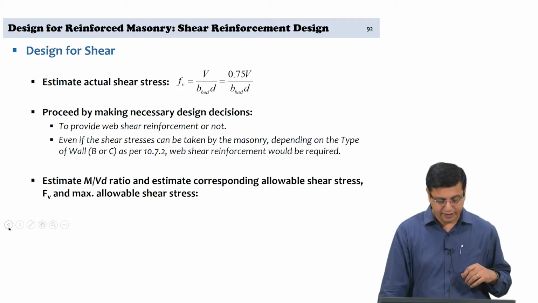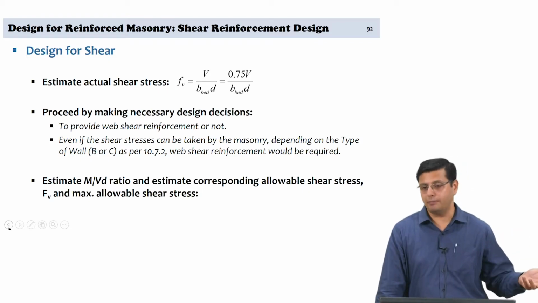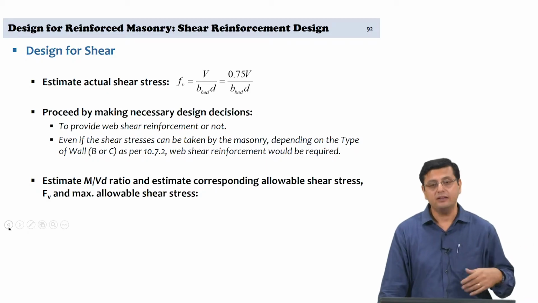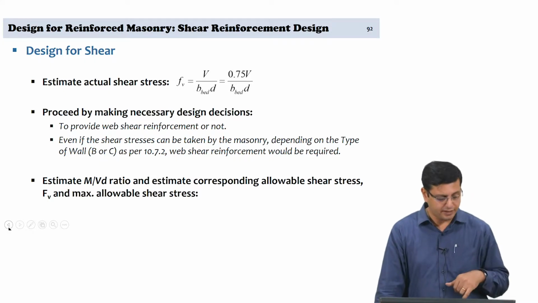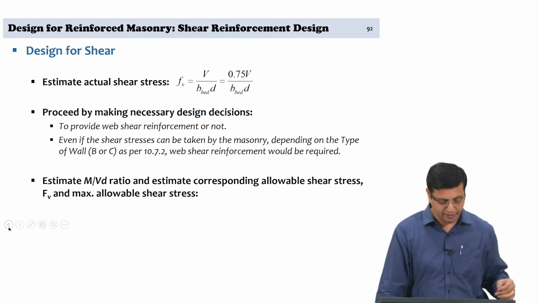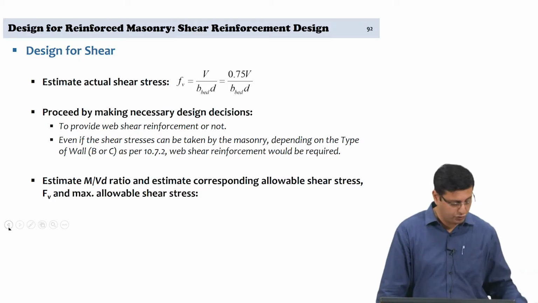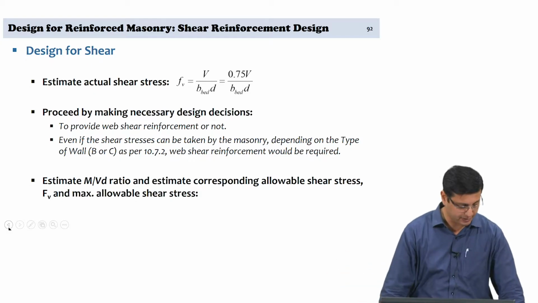So, the M by Vd ratio has to be estimated. So, you are looking at the bending moment demand on the wall, the in plane bending moment demand on the wall, M divided by the shear force that you have estimated, multiplied by the effective depth, which is centroid of tension reinforcement to the edge compression fiber. That estimate is then used to determine what are the allowable and the maximum allowable shear stresses themselves.